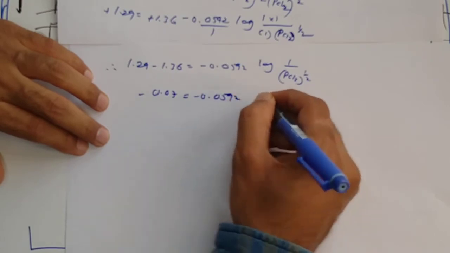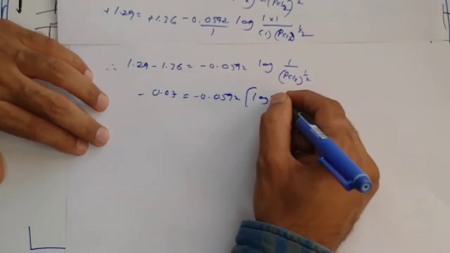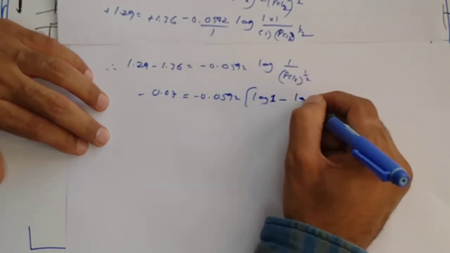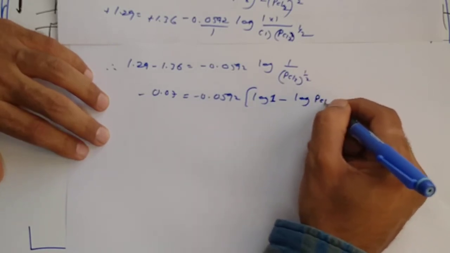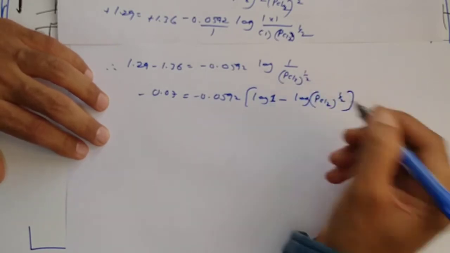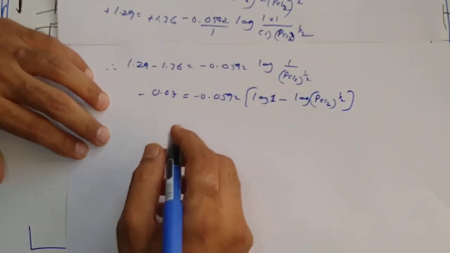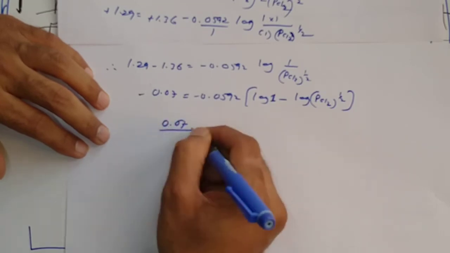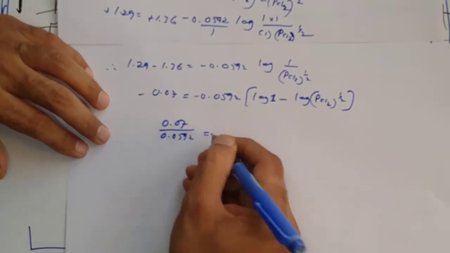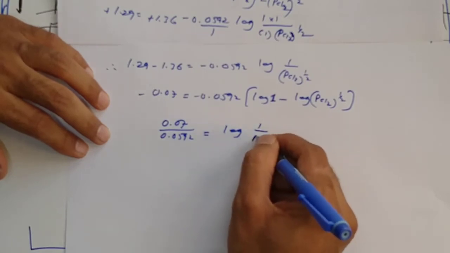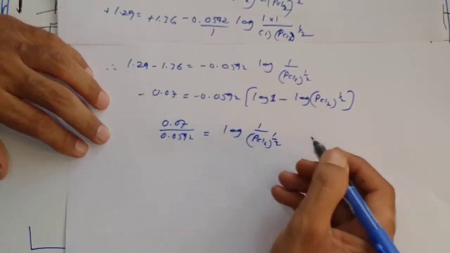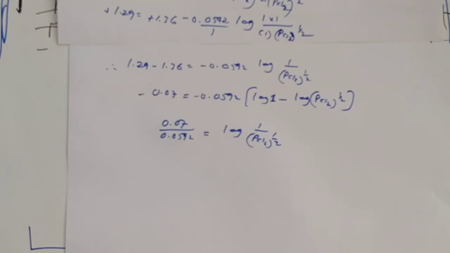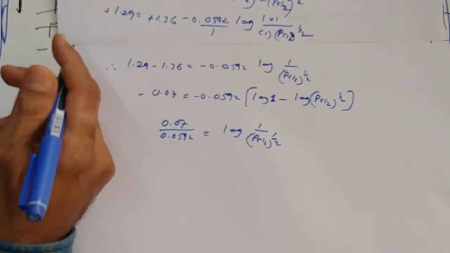Here both sides minus cancel, but the log of 1 upon the pressure becomes a minus log of the pressure of Cl2. So 0.07 divided by 0.0592 equals log 1 upon the pressure of Cl2 raised to 1 half. Also we can take it as 1.1824.